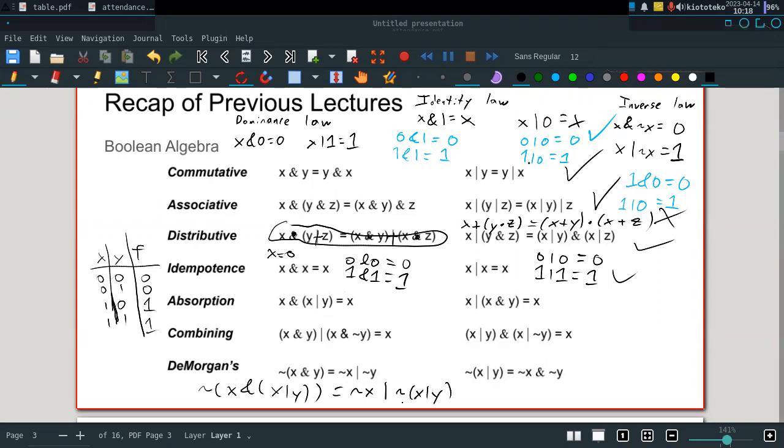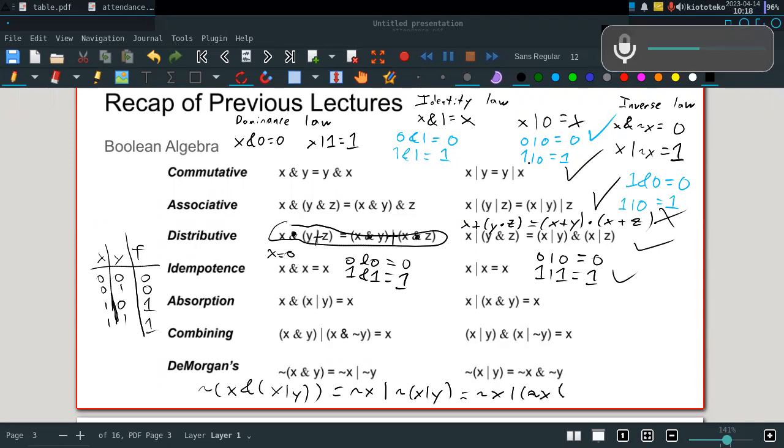So we have this, and then we bring this not operator inside this parenthesis. So this will be equal to not x or (not x and not y), right?